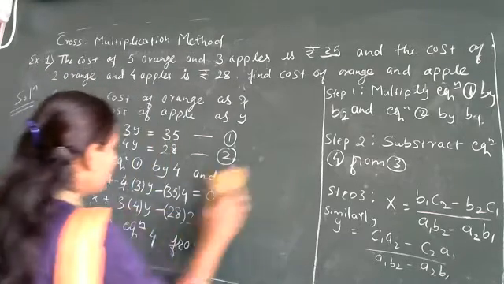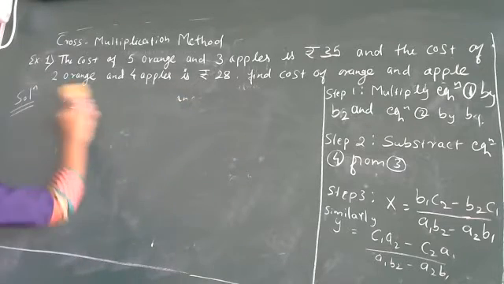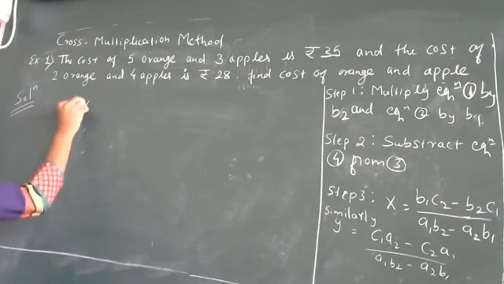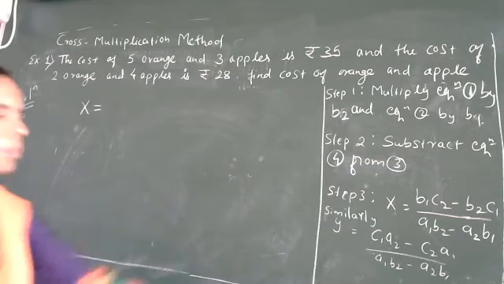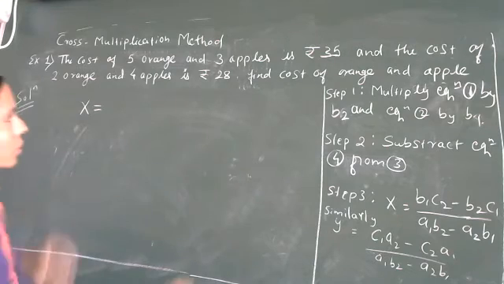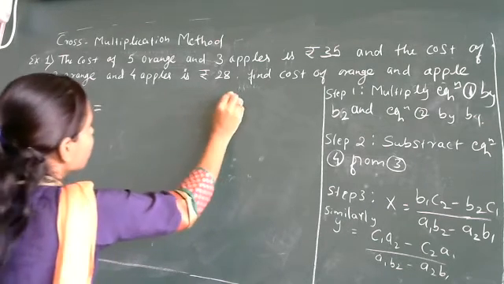Okay. Now we will see the subtraction here. After subtraction, automatically what happens? Y will get eliminated and we will remain with the x value in this format. So we will write directly x is equal to B1 into C2. In our equation, here we will write in small format what equations we are having.